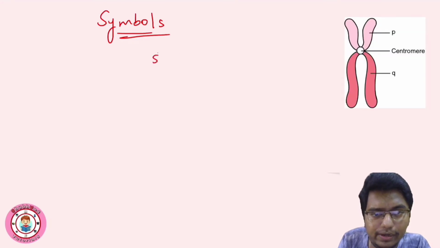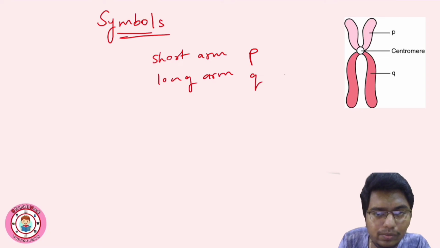Short arm is known as p, long arm is known as q. If I write 2p, it means short arm of chromosome number 2. If I write 5q, it means long arm of chromosome 5.